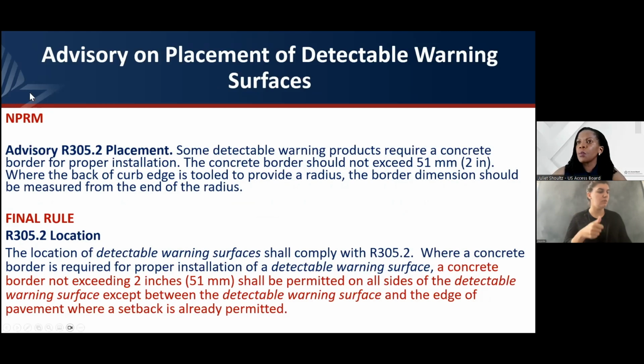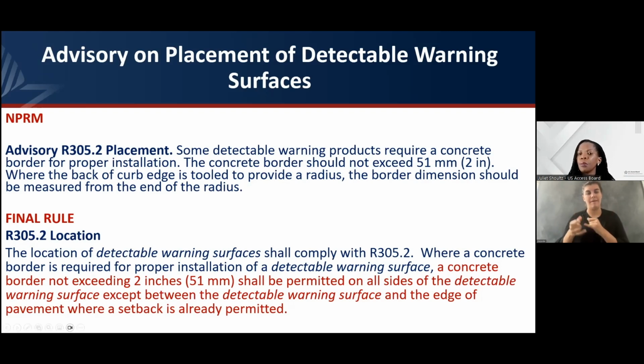Another place where we had some discussion and advisory is the placement of detectable warning surfaces. So in the NPRM, we had an advisory at 305.2 on the placement of detectable warning surfaces. And we discussed that a concrete border, a 2-inch concrete border specifically, is allowed for the installation of detectable warning surfaces.